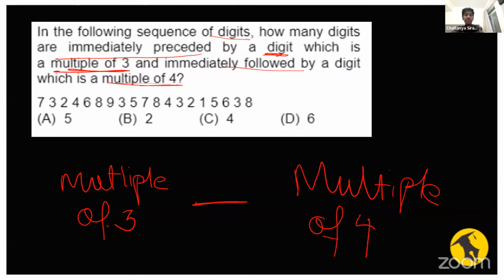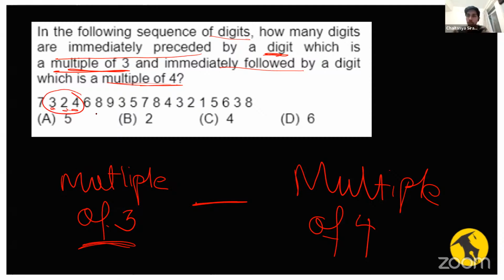I have to recognize a pattern like this. The easiest way is to search for a multiple of 3. So here I have 3, then a 2, and followed by a multiple of 4. So this is the correct pattern.